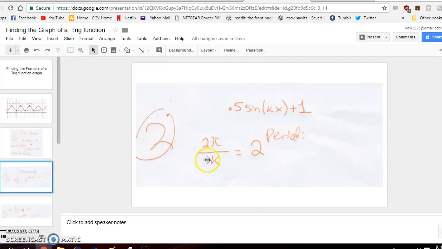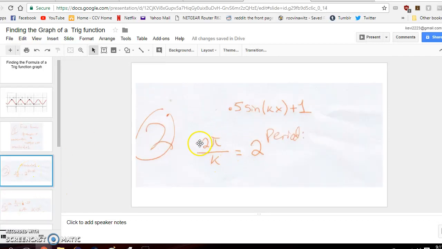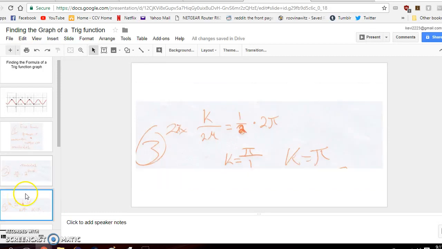So we would then have this equation here, and we solve for k. And what we do is we find the reciprocal of each of these numbers, which is k over 2 pi equals 1/2 times 2 pi.